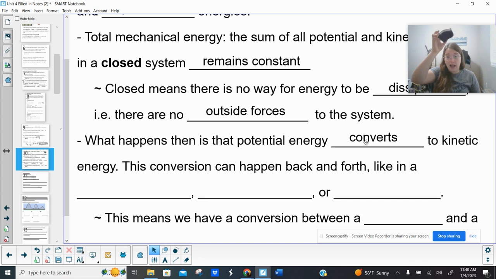The fact that this guy does drop, it has to get that energy from somewhere, and it gets it from the height. Now, this conversion can happen back and forth, so I can go potential, kinetic, back and forth, like in a pendulum. If you know what a pendulum is, when I swing something back and forth, that's a conversion from potential to kinetic.